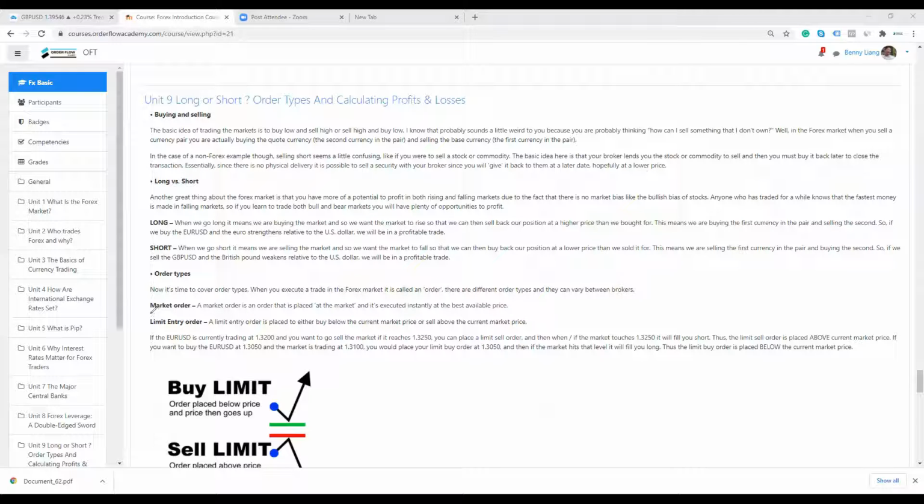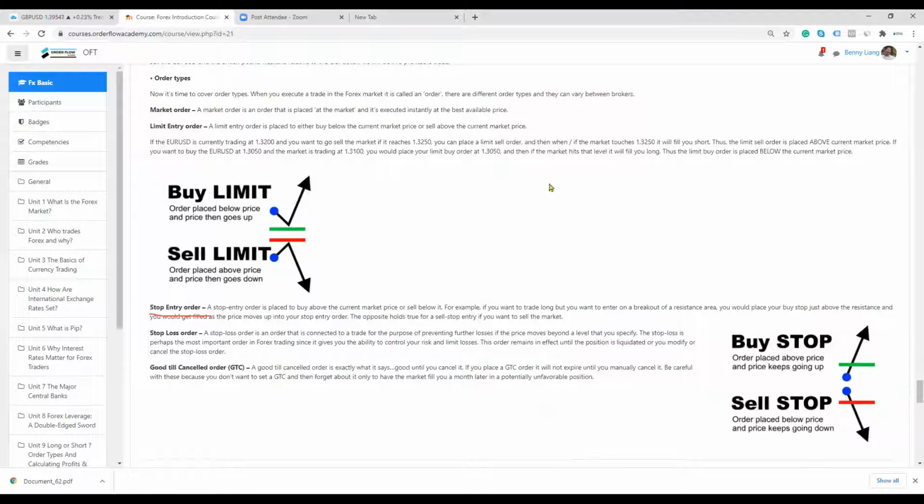Any questions? No. Okay, so the next one is a limit order. Now, what is a limit order? Again, I use the same example. Let's say this green horizontal line is 1.2125, and right now the price is at this blue dot here, which is 1.2135.